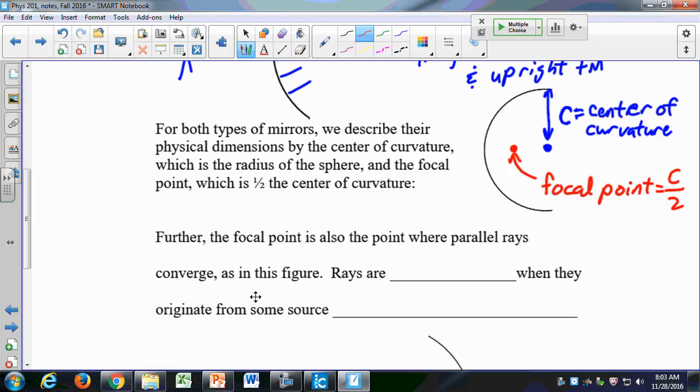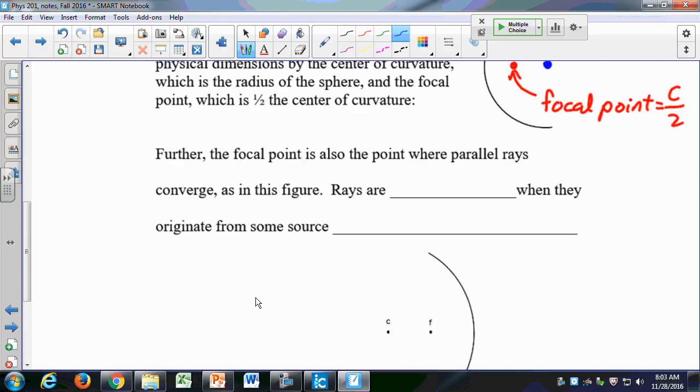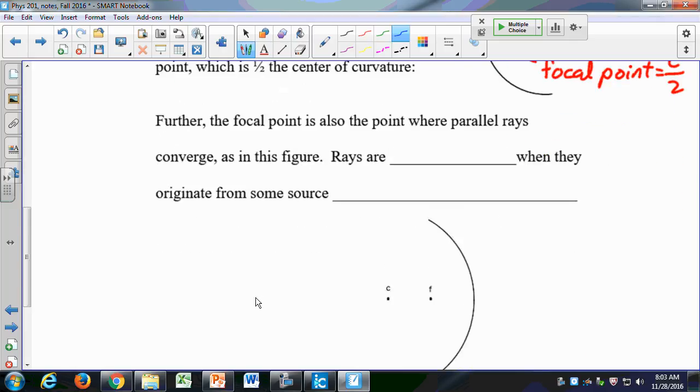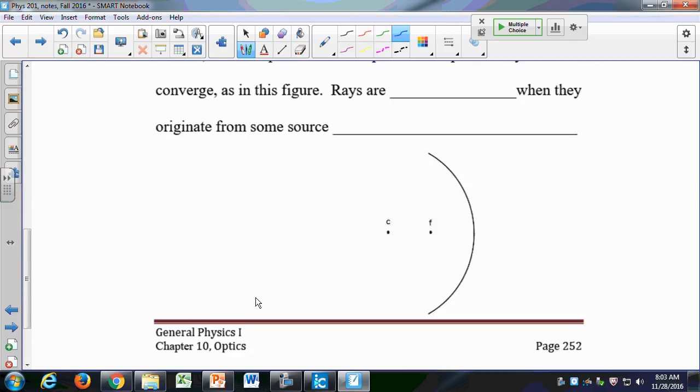All right, so the focal point is half the center of curvature. Further, it's also the point where parallel rays converge, and rays are parallel when they originate from some source very far away. Like, for example, can you think of something that's really far away that puts out a lot of light?